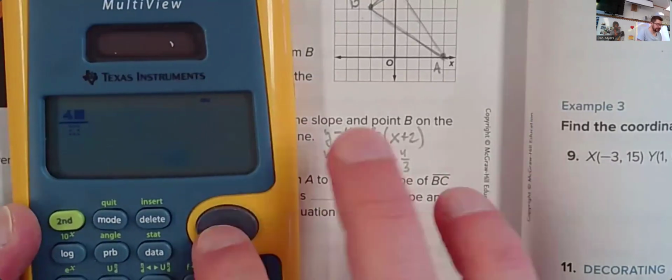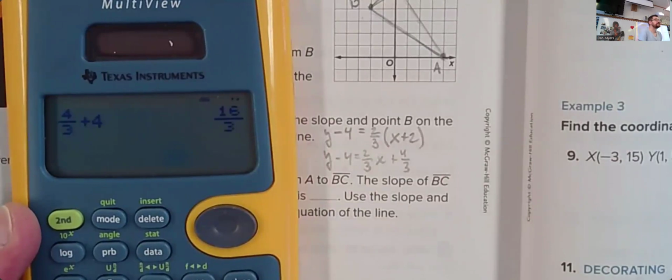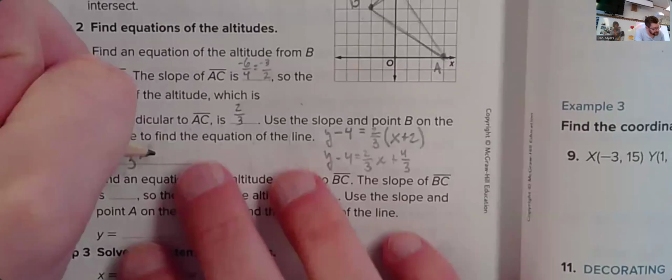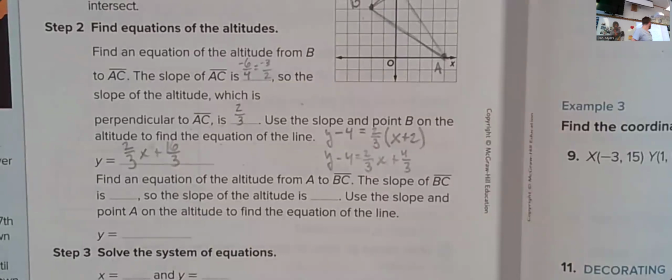So 4/3 plus 4 is 16/3. So plus 16/3, which would be 5 1/3 if we're using mixed numbers.